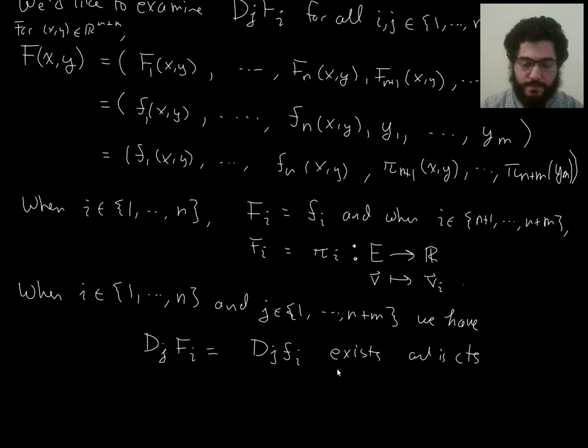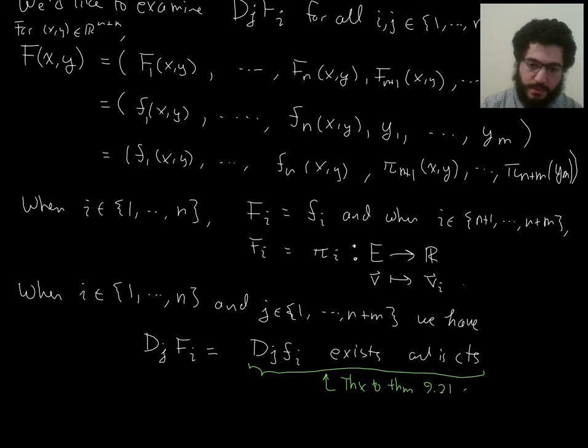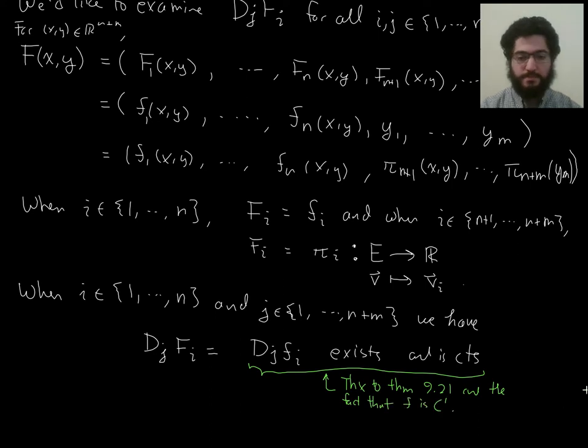So this statement here is thanks to Theorem 9.21 and the fact that f is C1. Okay, so that's all for the situation where I is in this range and j is anything.